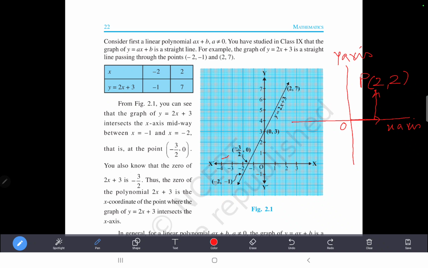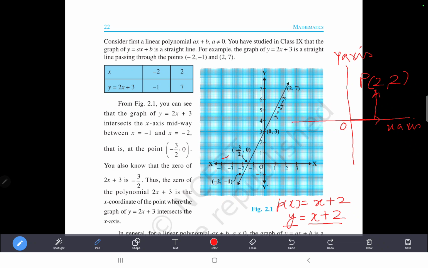Now, if we present any polynomial on a graph, how do we do it? Let's start with a very easy thing. For example, the polynomial is p(x) equal to 2x plus 3. So the easiest thing is to take it as y equals 2x plus 3, and then you need to find a couple of points.